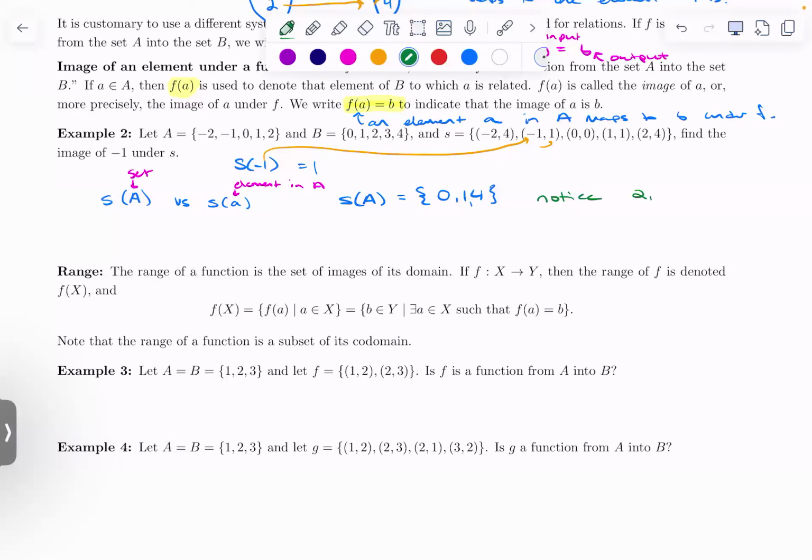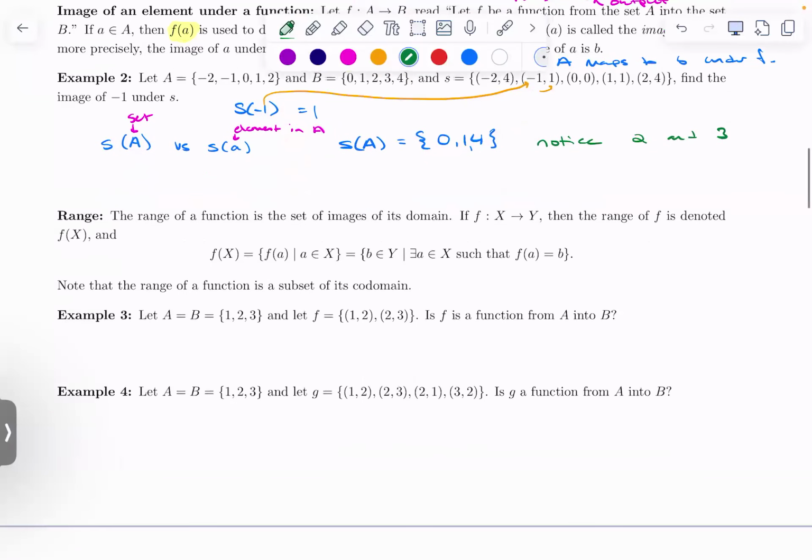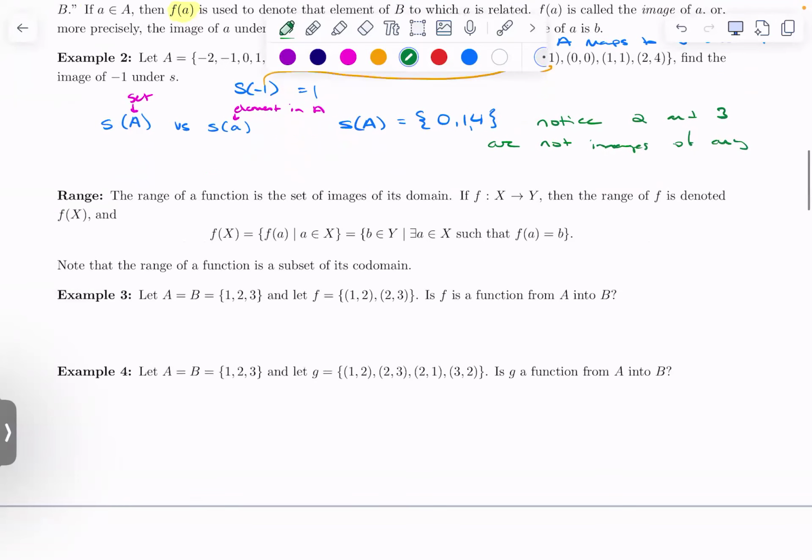Notice 2 and 3 are not images of any element of A.